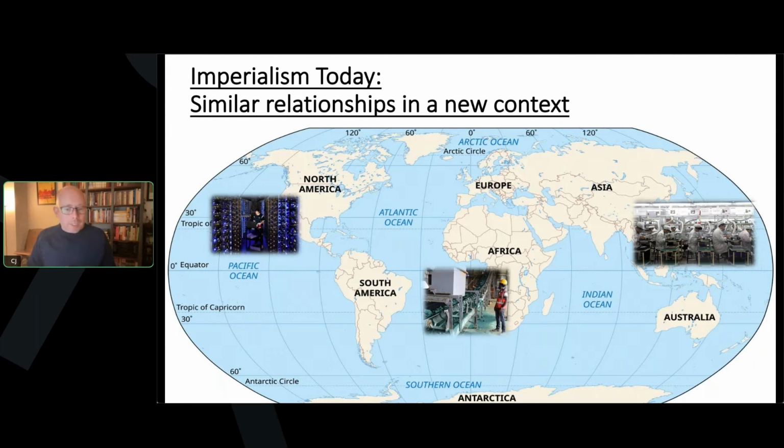Even the new economy empires that are the big thing in the media right now, the whole world of AI and high tech, still rely on a lot of the old imperialist infrastructure. You can't have a data center in North America that's run by Google or Amazon without the rare earth metals that are mined in Africa or in China.